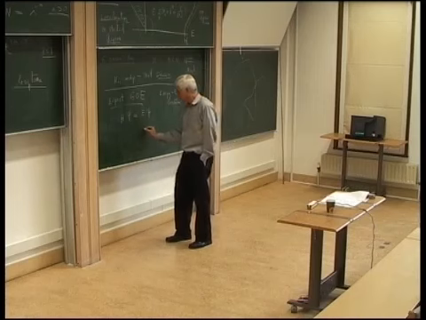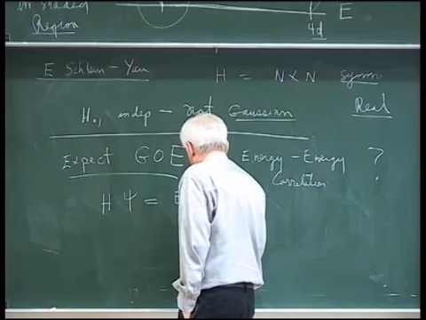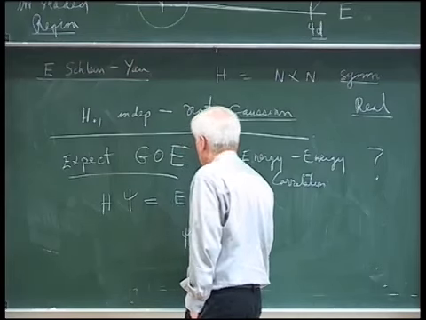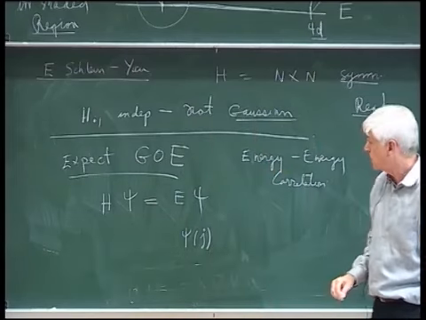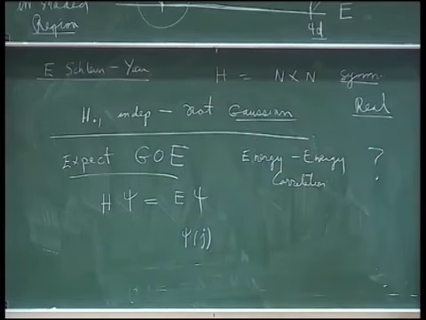But then the theorem says that the eigenstate psi of J, indexed by J that goes from 1 to n. This is an n by n matrix.